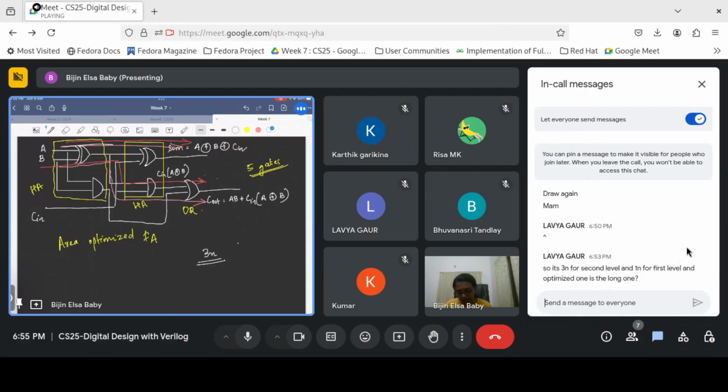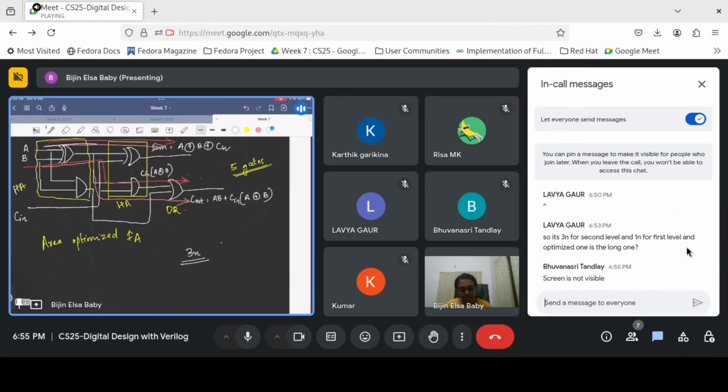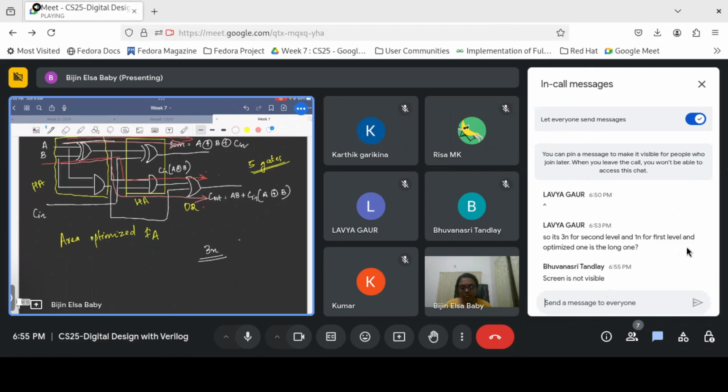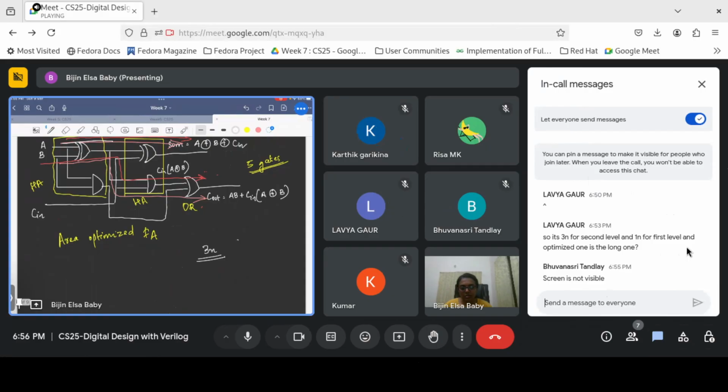So this is a complete design for producing the sum and carry, and this is the area optimized. We have only 5 gates, whereas the previous unoptimized design had more than 20. One of the disadvantages is the visibility: when I'm transitioning from one slide to another, it is not visible.